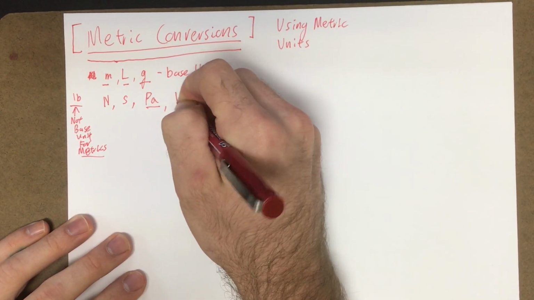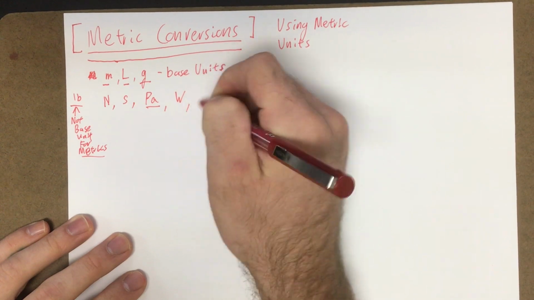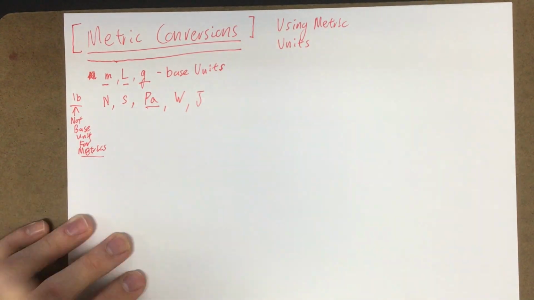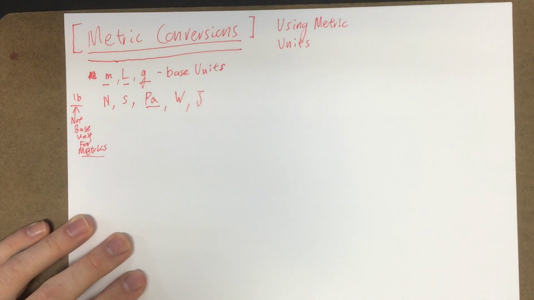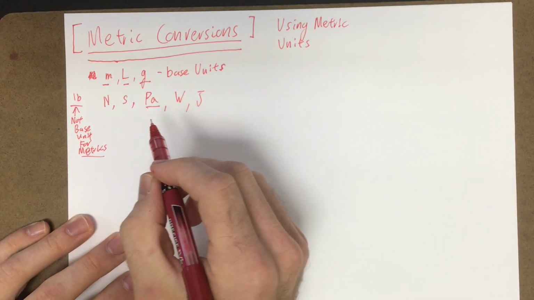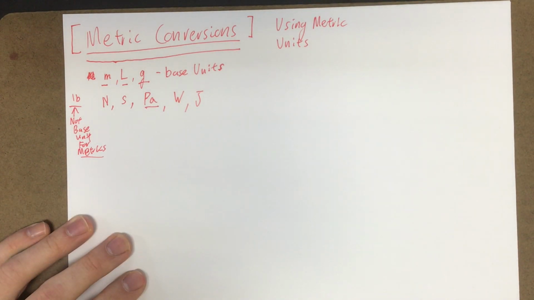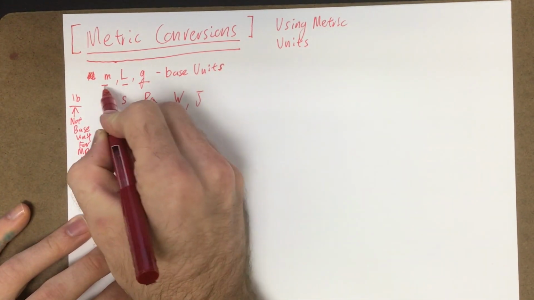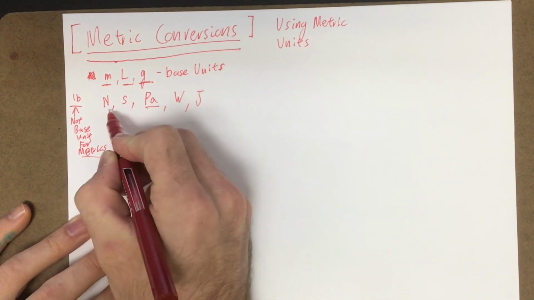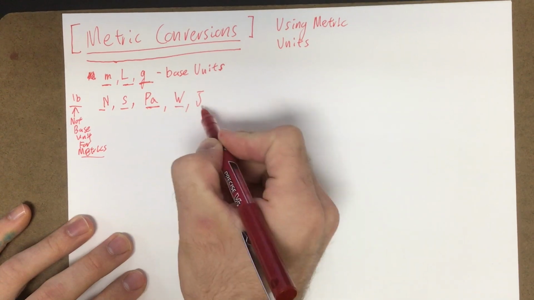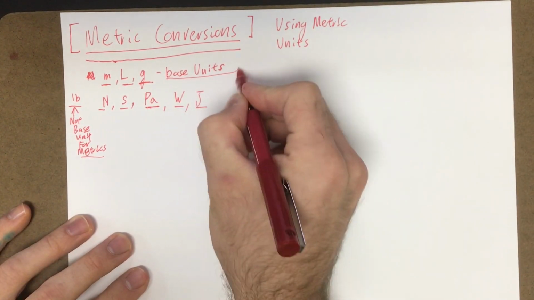Also, we have watts, we have joules, and we also have what's called mixed units. Okay, so but these are just our base units. Okay, so just think about these for right now. Okay, so these are all of our base units.